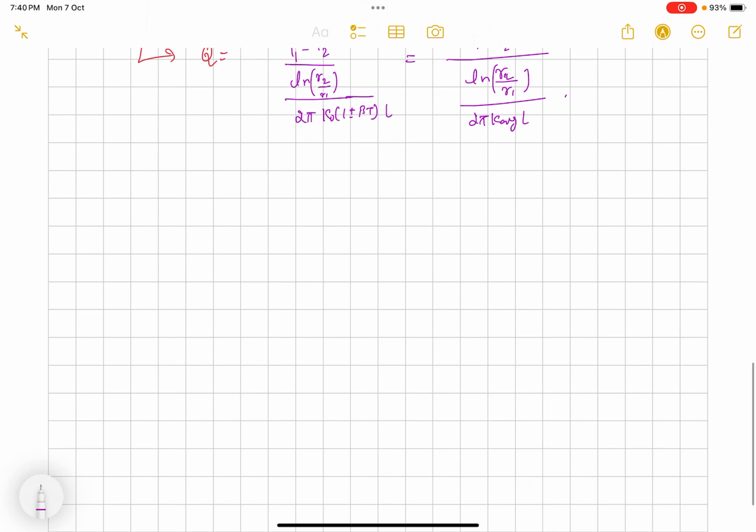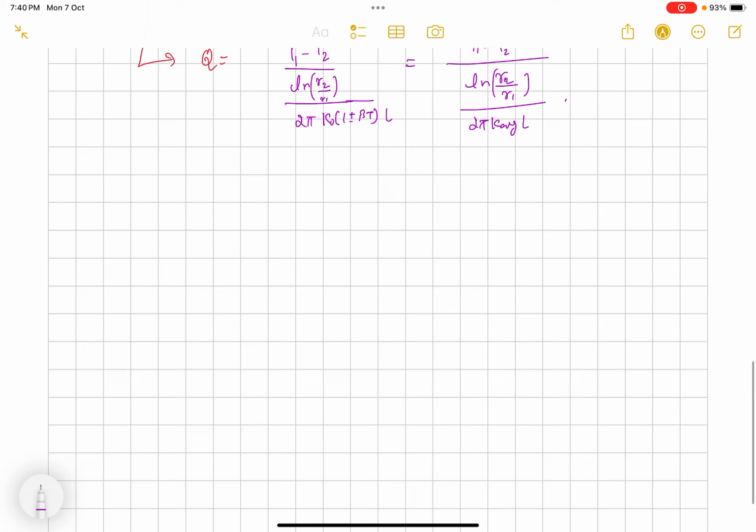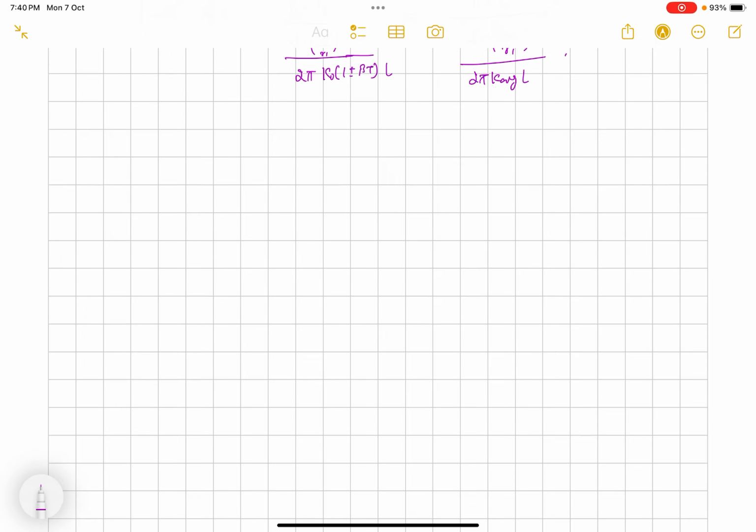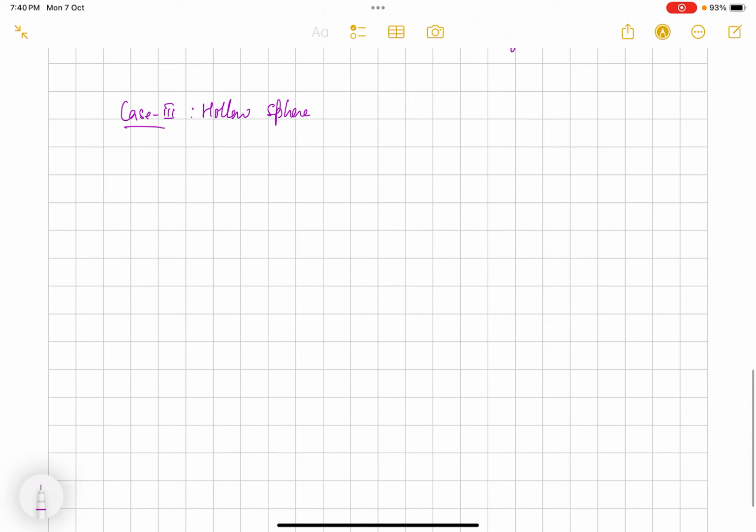Okay. So similarly, we can find for the hollow sphere. I am giving you the result. You can try by yourself and see. If you have any doubts, you can just ask me in comments.